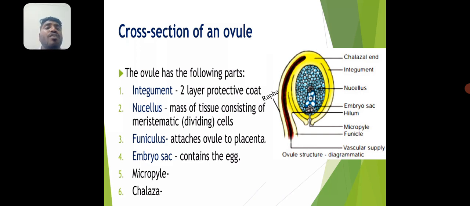The ovule has the following parts: integument, nucellus, funiculus, embryo sac, micropyle, and finally chalaza. The integument is a two-layer protective coat. The nucellus is a mass of tissue consisting of meristematic dividing cells. The funiculus attaches the ovule to the placenta. The embryo sac contains the egg.